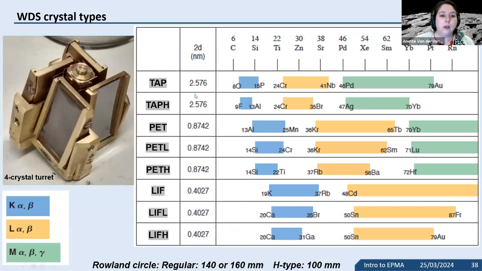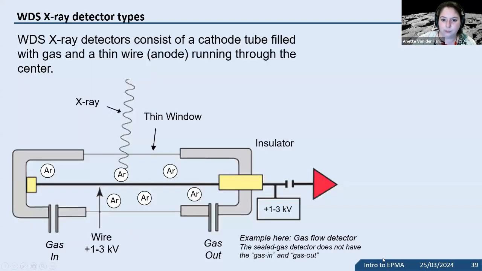And this is just a look at a four crystal turret that we can flip so that we see one crystal. And this is a graphic representation of how the K, L and M lines are covered by certain types of crystals.